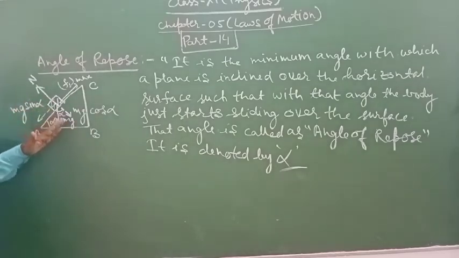When it is inclined at an angle alpha and is going to slide over the rough surface, this is the free body diagram. Now we will try to balance all the forces.